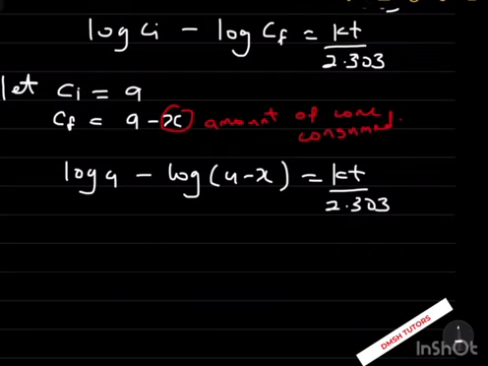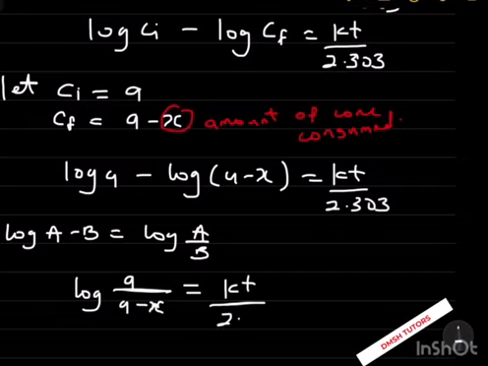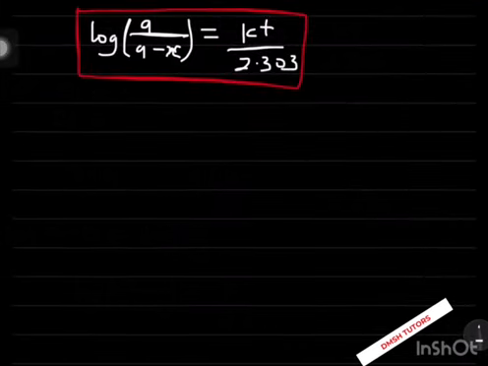And therefore, from the law of logarithm, log a minus log b equals log a over b, we have log of a over (a minus x) equals kt over 2.303. So this formula also works for first order reaction.